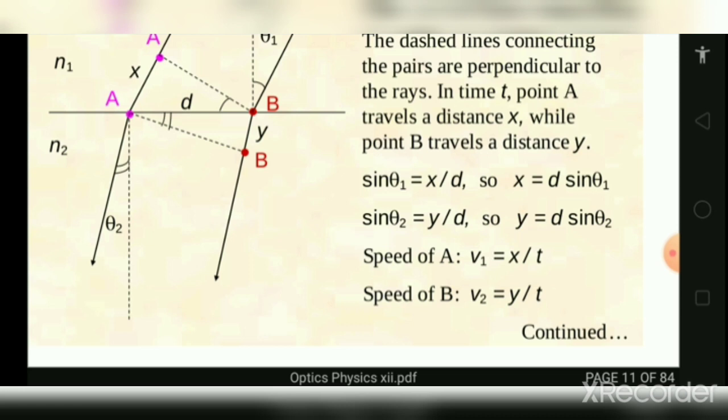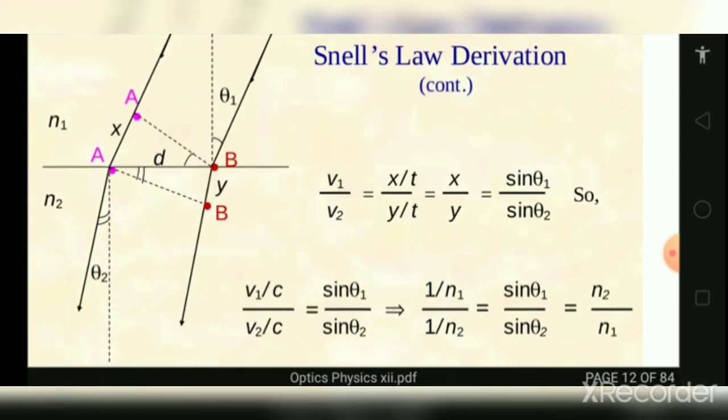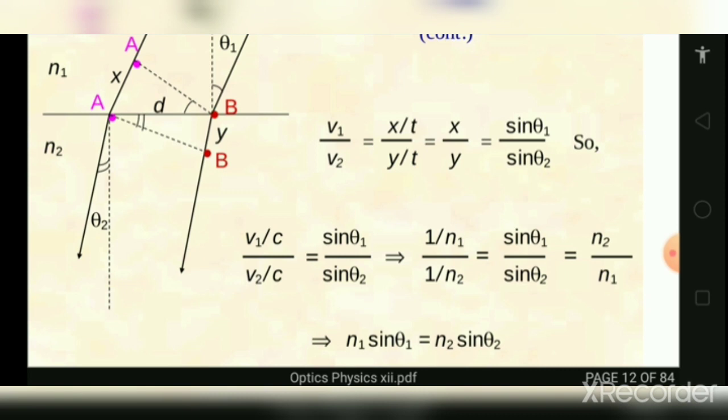Sin theta 2 is equal to y by d, that is y is equal to d sin theta 2. And you know the speed of A can be written as v is equal to x by t, similarly for B. Now take the ratio of v1 and v2, which will give you x by t upon y by t is equal to x upon y is equal to sin theta 1 upon sin theta 2.